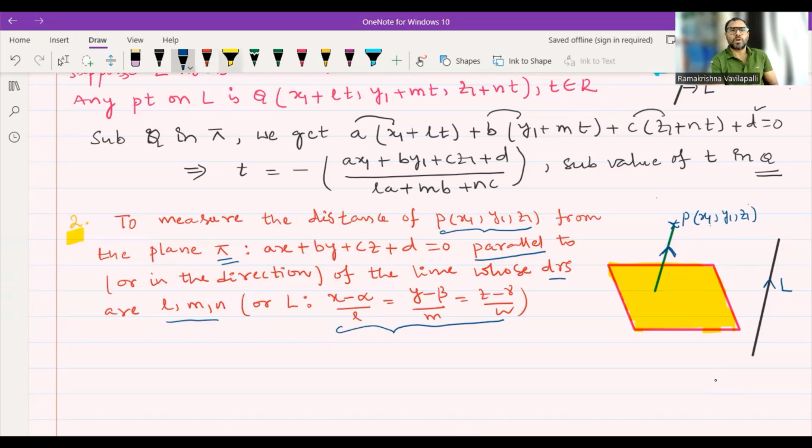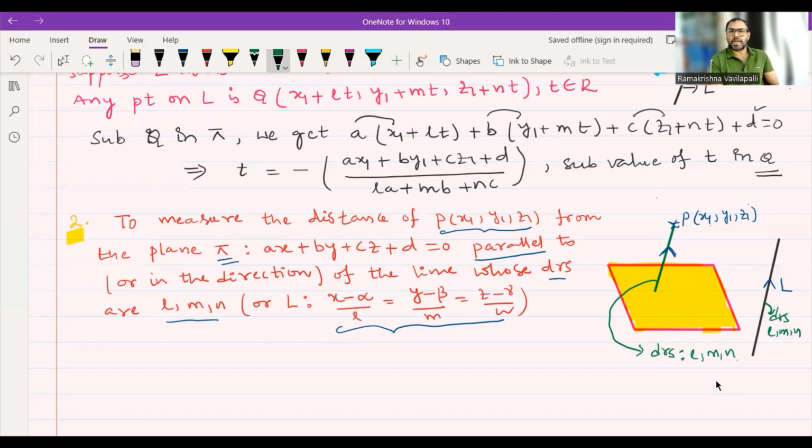Now, what are the direction ratios of this line? They are the same as those of the given line. The given line's DRs are l, m, n, so here also l, m, n.